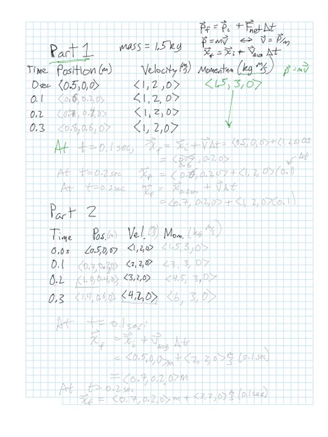So, at t equals 0.1 seconds, x final is x initial plus v delta t. So an x initial is, for this time step, 0.500.